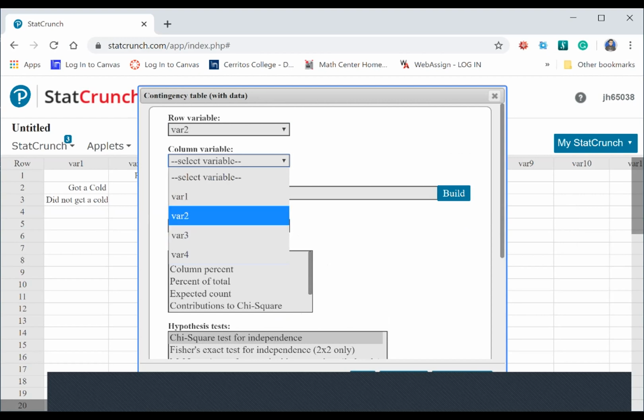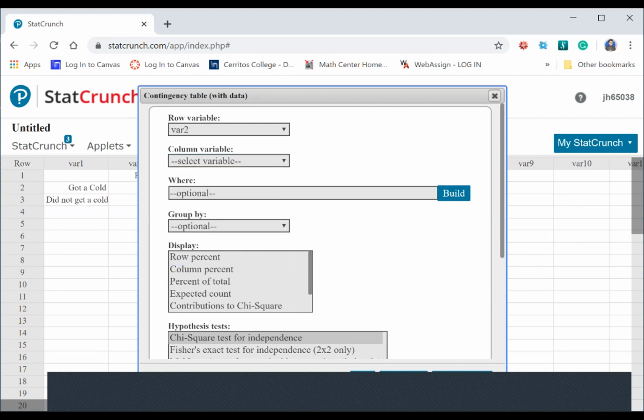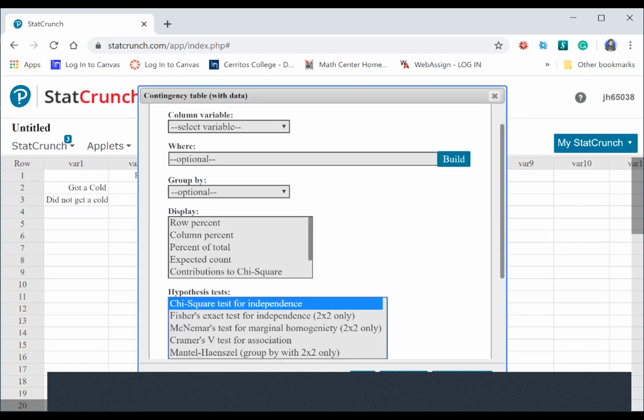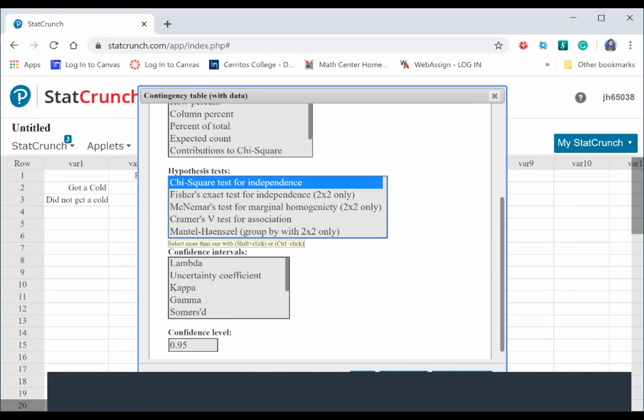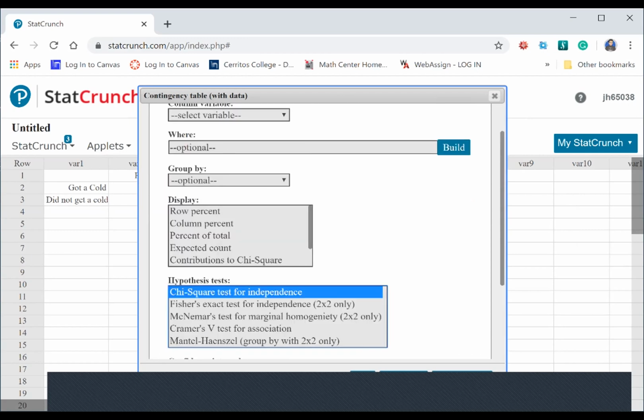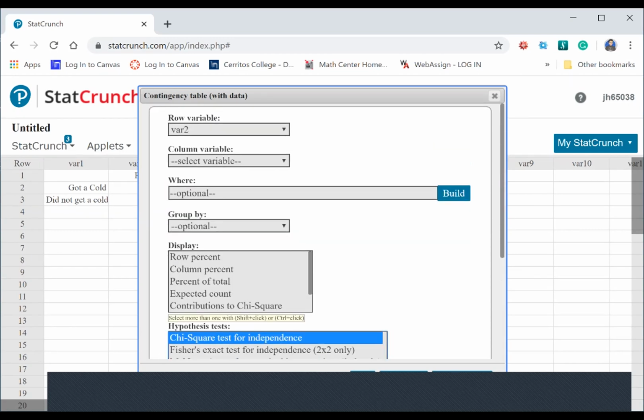I don't get this. It's not working. Display row percent. I want chi-square test for independence. That's the first one. Confidence interval, gamma. Oh, it's got all these things. Okay, this is so confusing.